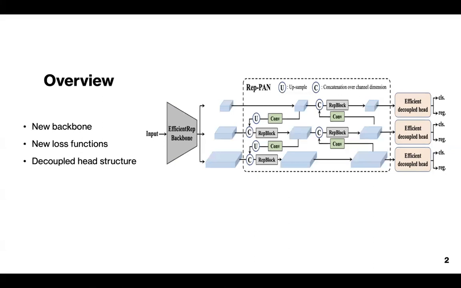The network design of the sixth version consists of an efficient backbone with RepVGG or CSPStackRep blocks, a PAN topology neck, and an efficient decoupled head with a hybrid channel strategy. The modifications include a new backbone based on RepVGG called EfficientRep that uses higher parallelism than previous YOLO backbones.